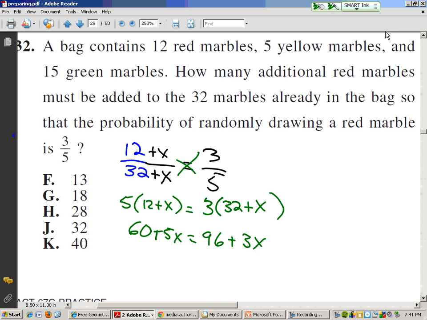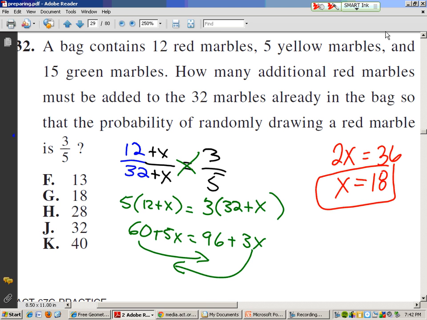Subtract the 60 here and the 3x here, and I'm going to end up getting 5x minus 3x is 2x, and 96 minus 60 is 36. Divide by 2, and I get x equals 18. So, for you that like algebra and x's, there you go. If you want to guess and check, do the previous one.